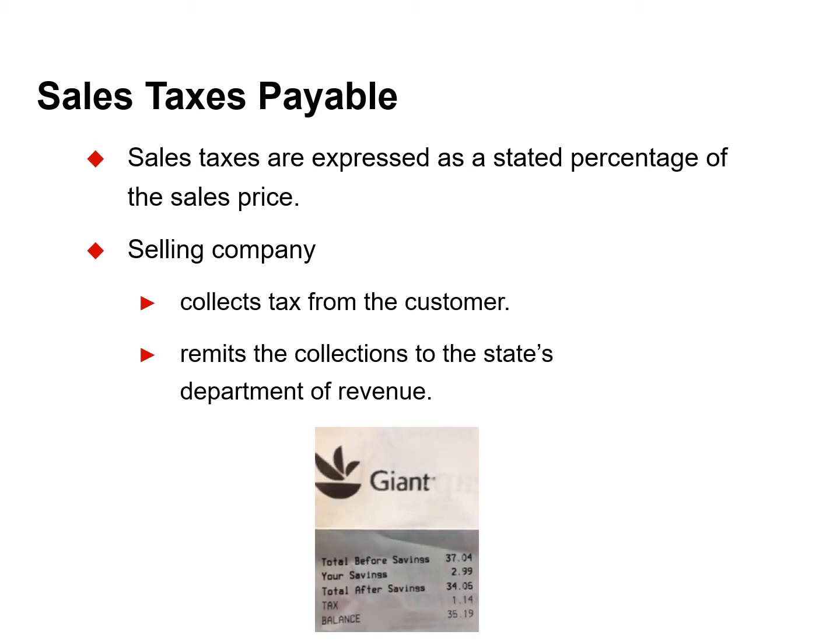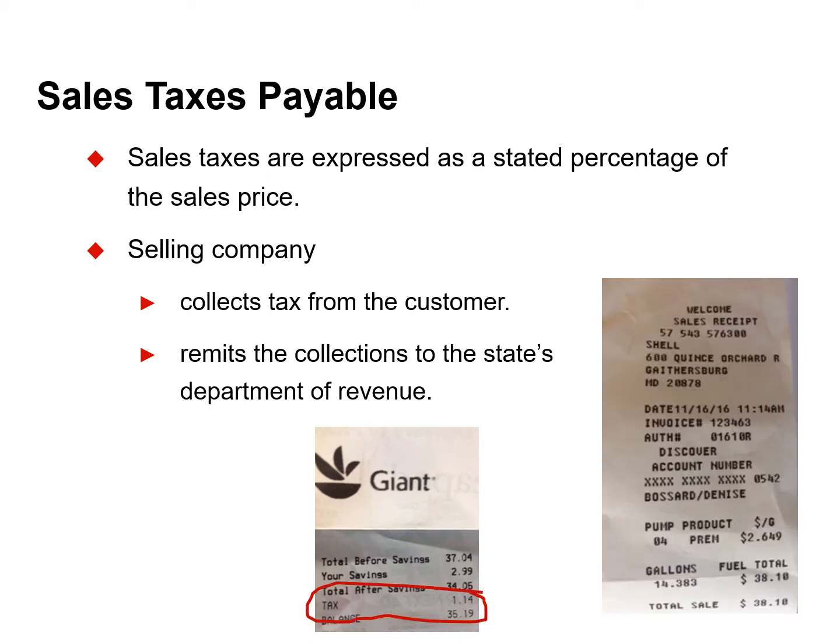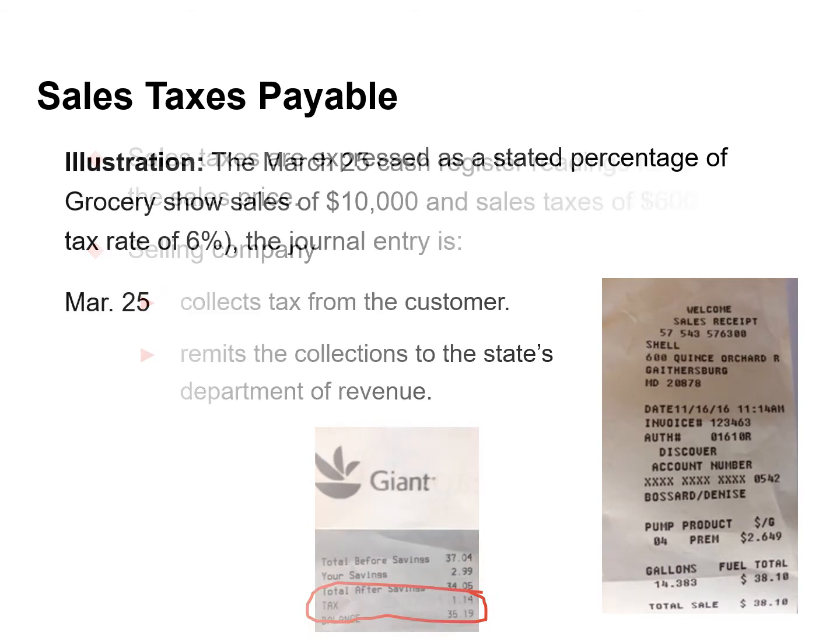Under most state laws, the selling company must enter separately on the cash register the amount of the sale and the amount of the sales tax collected. Gasoline sales are a major exception.